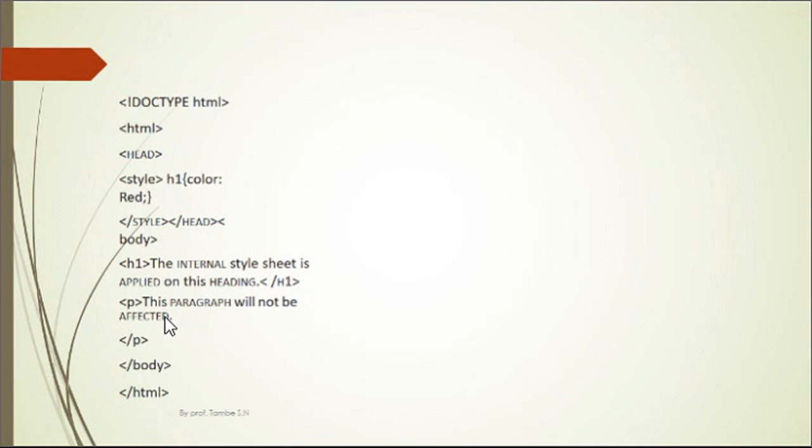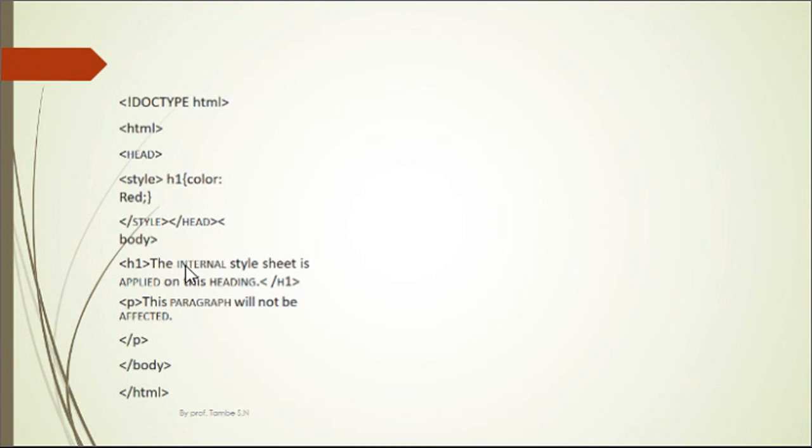So this is the internal CSS. Internal CSS is always written in the head part, so whatever selector you want to assign can be written in the head section. After that end your style, end your head, and start the body part.